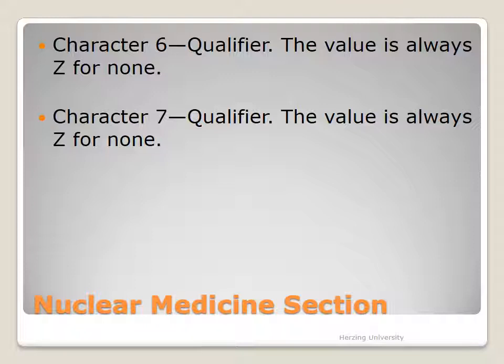The sixth and seventh character positions are both qualifiers. For the nuclear medicine section of ICD-10 PCS, a Z value is always in these positions because there are no specified qualifiers for this section at this time.